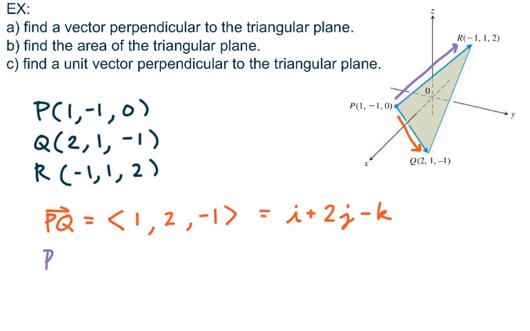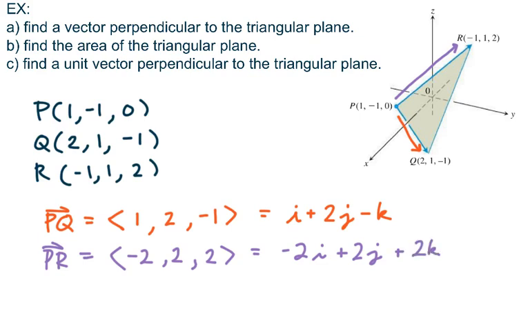And PR, that vector would be negative 1 minus 1, or negative 2, 1 minus negative 1, positive 2, and 2 minus 0, 2. So I have negative 2i plus 2j plus 2k.